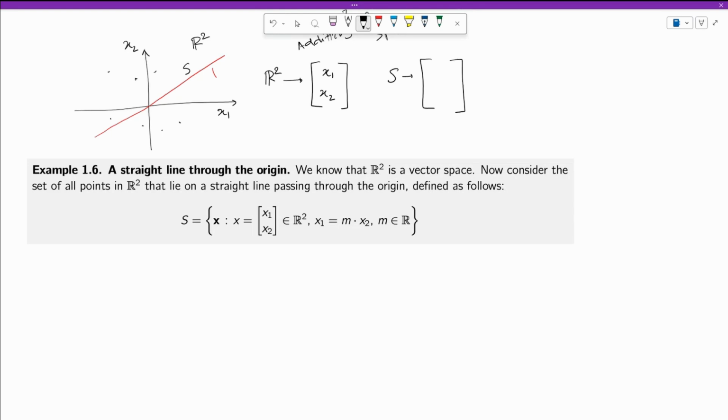But if I want to choose elements from S, can I choose x1 and x2 freely? No, I can't. Let's say this is a line with slope m.